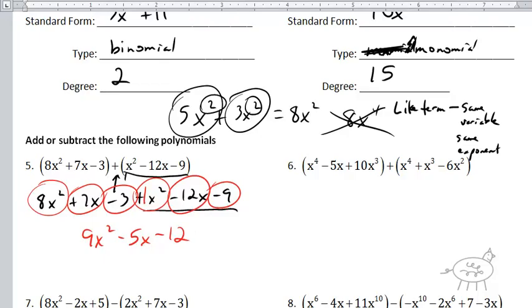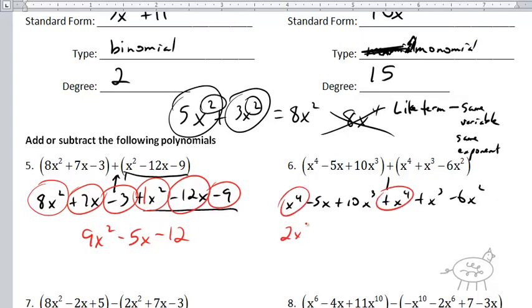All right? Let's try the next one, number 6. Again, it's plus, so I'm just going to rewrite it. X to the fourth minus 5x plus 10x cubed plus x to the fourth plus x cubed minus 6x squared. Okay, so that gives me x to the fourth plus x to the fourth is 2x to the fourth.